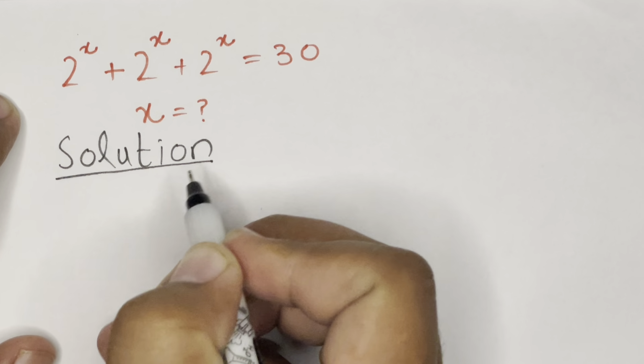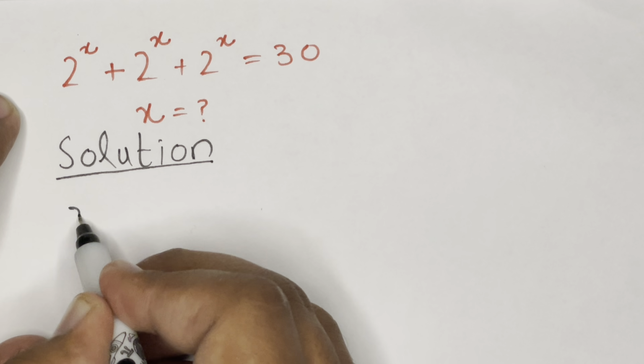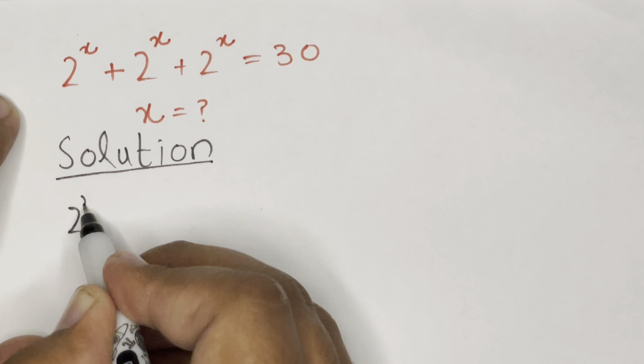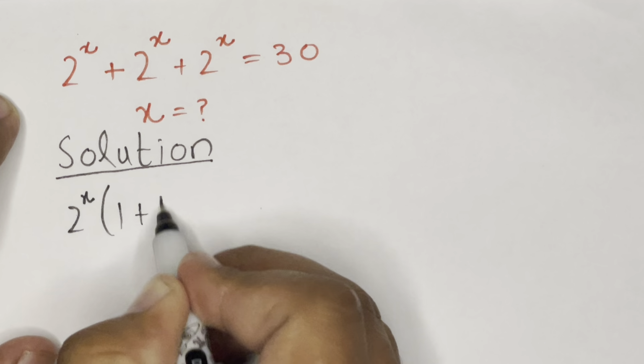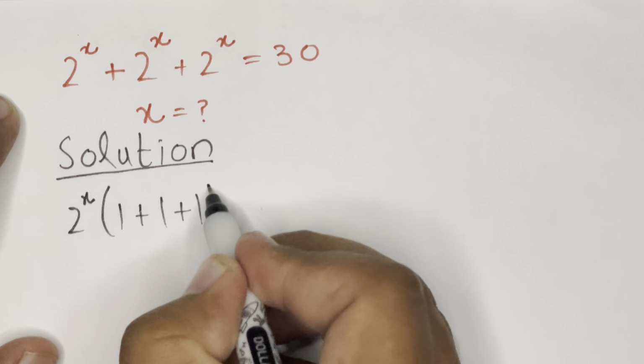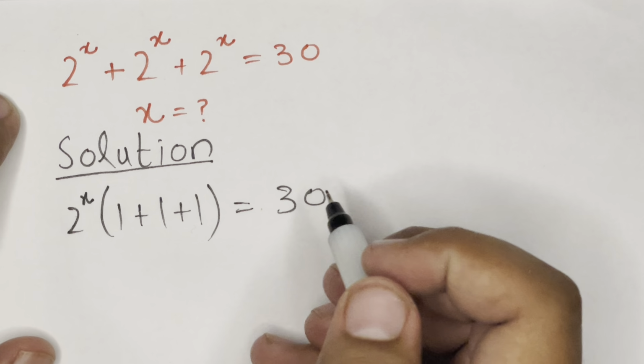So first of all, I am taking common from this equation, like that: 2 power x into (1 plus 1 plus 1) equal to 30.